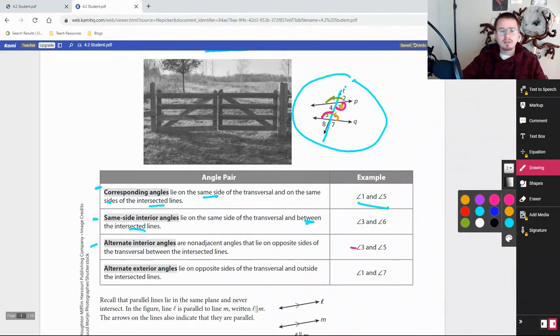It starts becoming, can we match these things up? So 1 and 7 lie on opposite sides of the transversal and outside. Those give me vertical angle vibes, even though they're not. But that's 4 different types of angle pairs that you need to be highly aware of, so I'd put that in your notebook as a strong note for yourself.